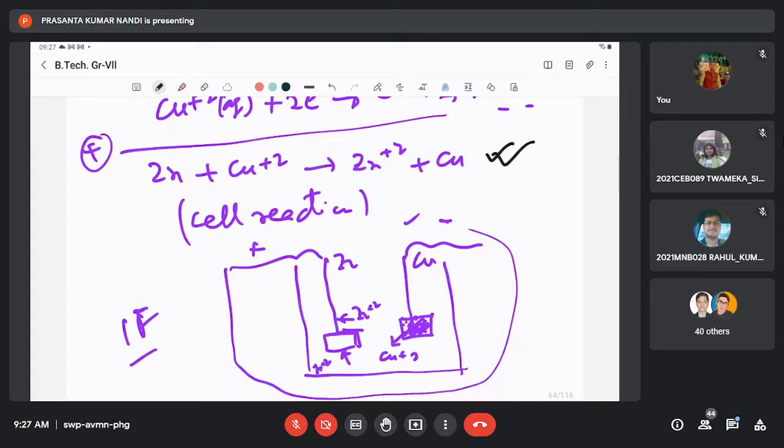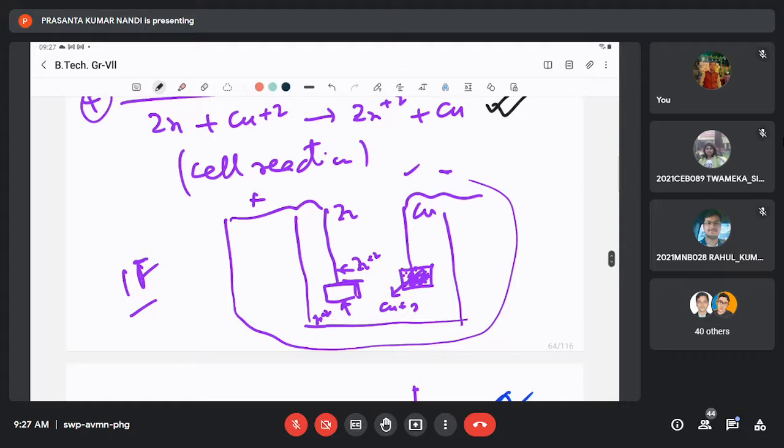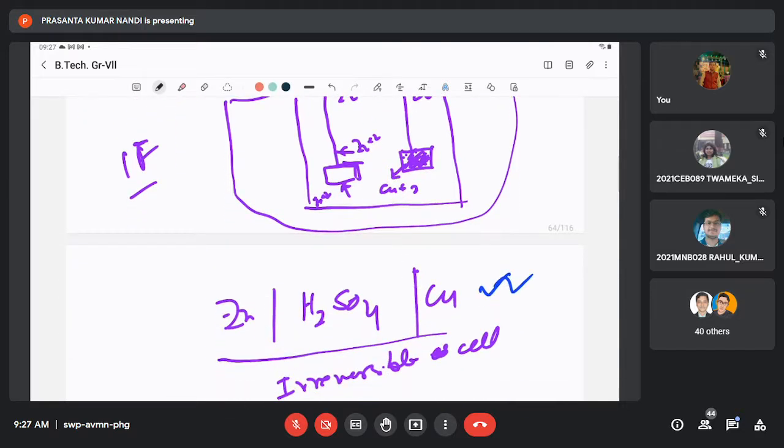That's why the Daniel cell is a typical example of a reversible cell.